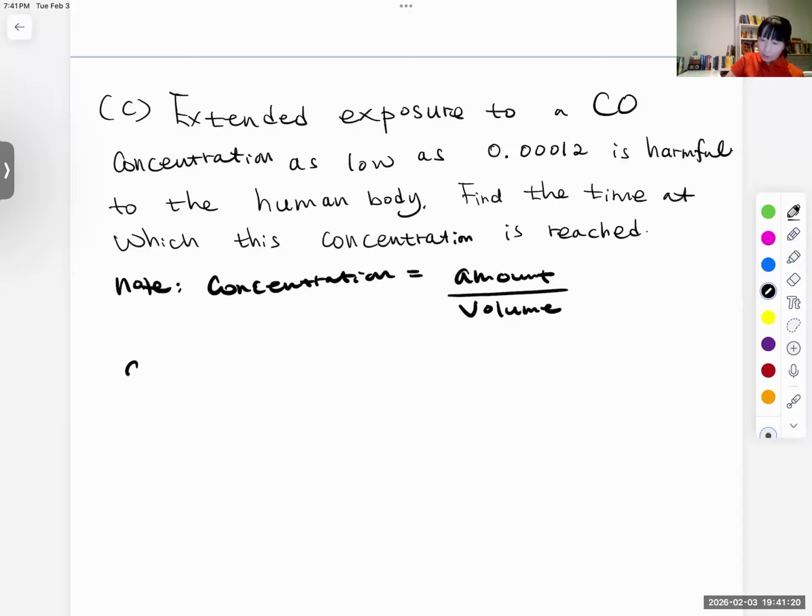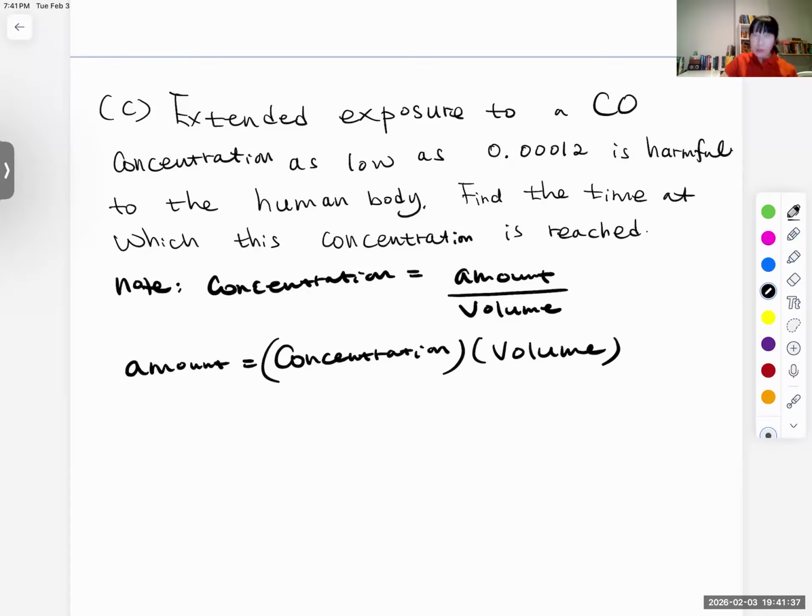So if we have amount, then there will be concentration times volume. Okay, so we have a concentration 0.00012, and then we do times volume.